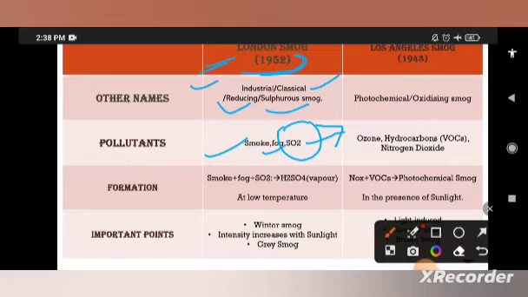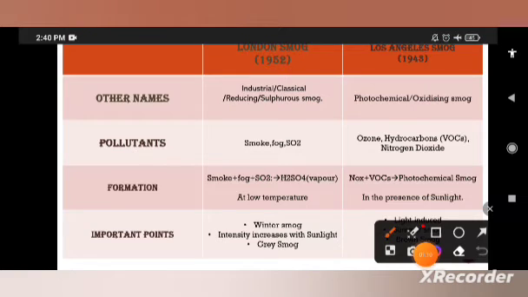Next, let's see the formation of London smog. London smog or classical smog forms when smoke, fog, and sulfur dioxide combine together at low temperature to form the vapor of sulfuric acid.